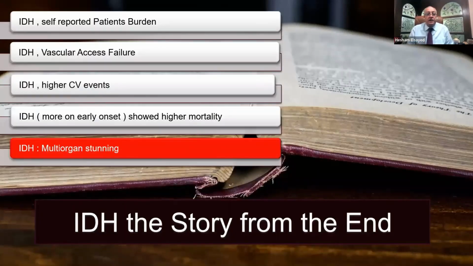Intradialytic hypotension is a self-reported patient burden, and has many complications like vascular access failure, higher cardiovascular events and death. Early onset shows higher mortality if the intradialytic hypotension occurs in the first hour of the dialysis session. It also causes multi-organ ischemic changes, called stunning, due to decreased blood flow.